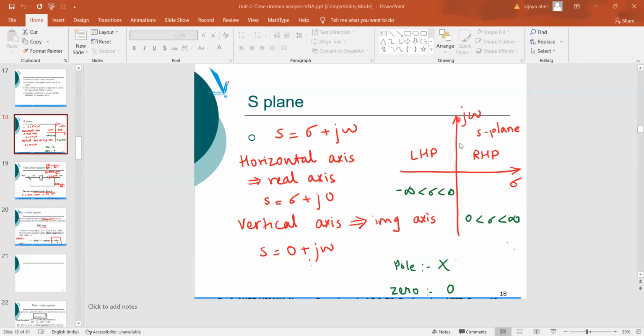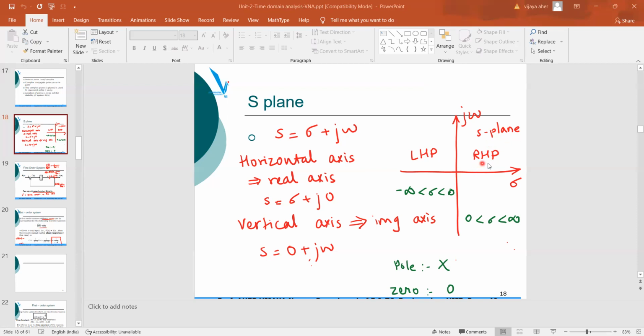This point is nothing but left half of S-plane, LHP. The part from the imaginary axis on the right side is nothing but right half of S-plane.